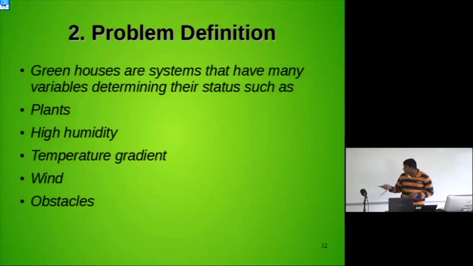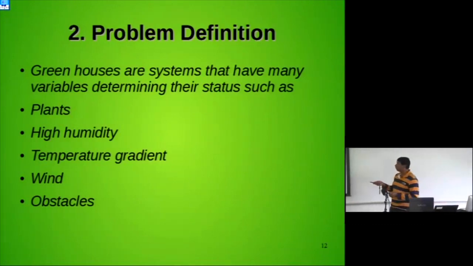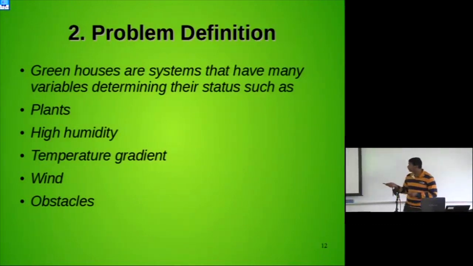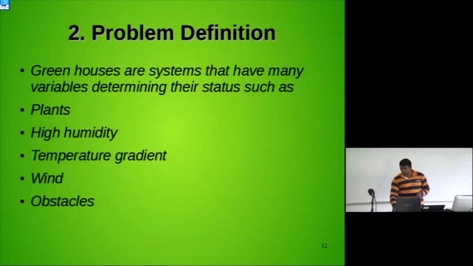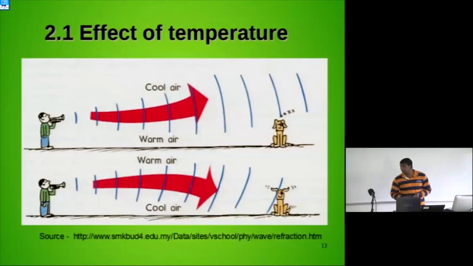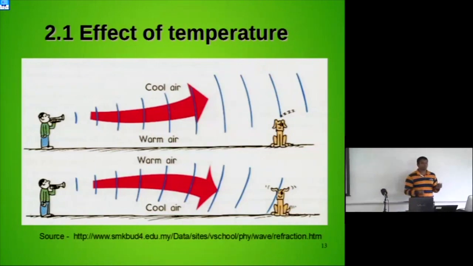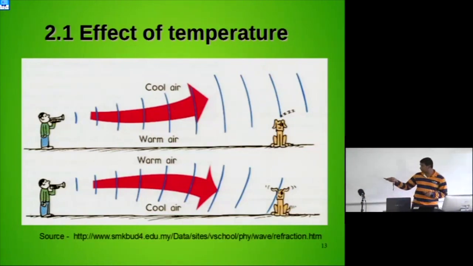So this is the problem with greenhouses. You have very many things. You have plants and high humidity, temperature gradient, wind, and obstacles. There are many things. So if we consider the temperature gradient, it does pose a problem, because in cool air sound travels slower than in warm air.